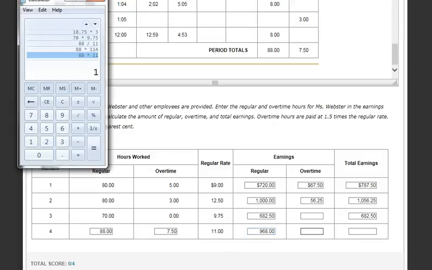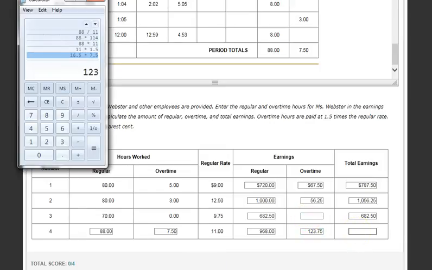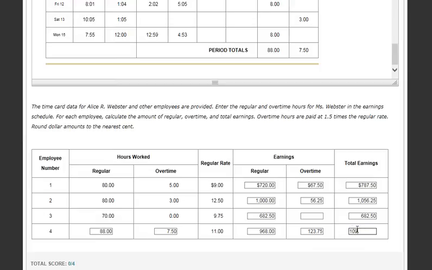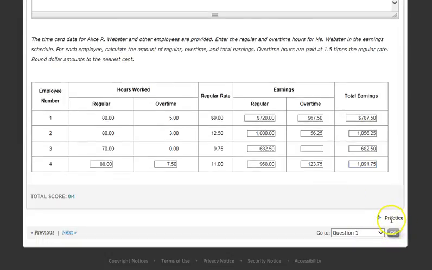Let's figure out what her overtime is. $16.50 an hour times 7.5 hours. $123.75. Add those together. $968, $1,091.75. All right, that should be it. Nice job.